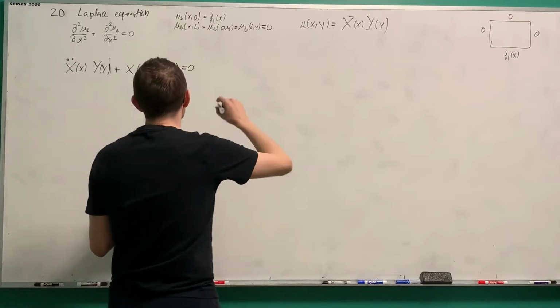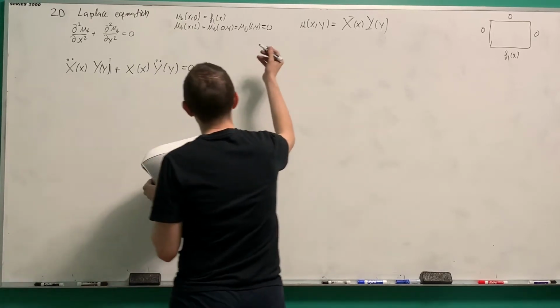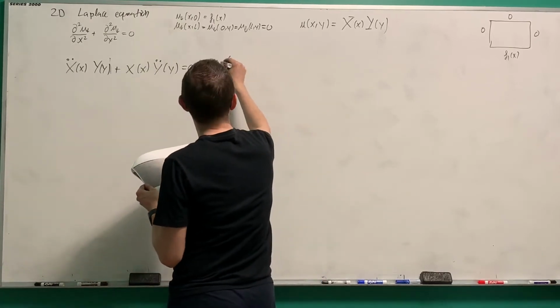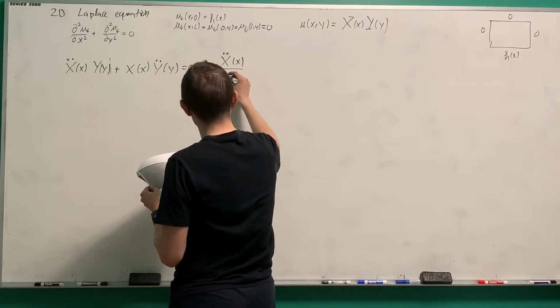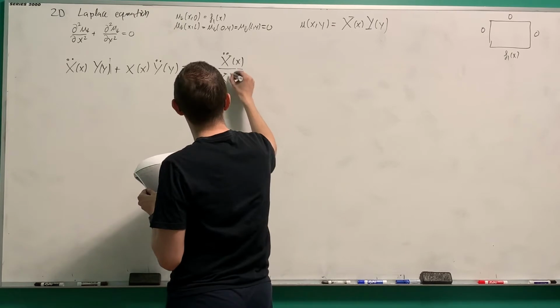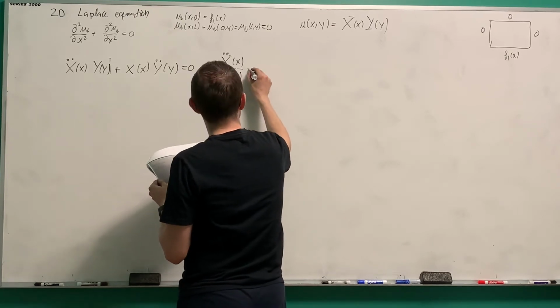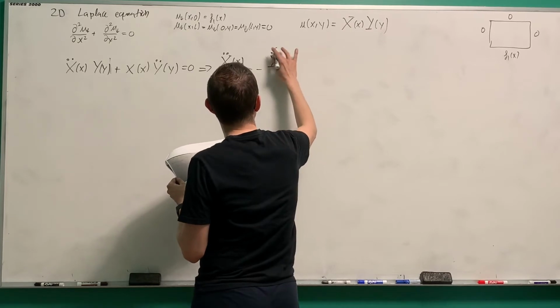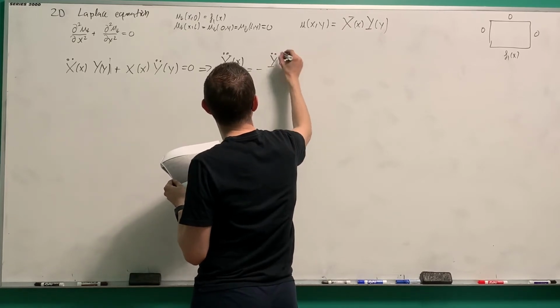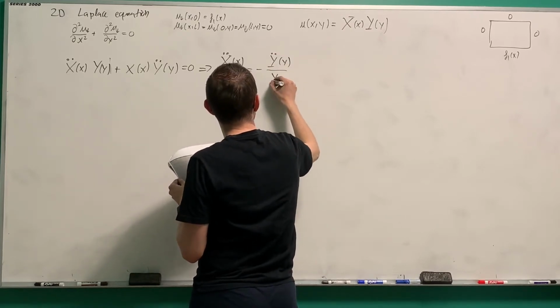Then we put each variable on one side of the equation: X double dot of x over X of x equals minus Y double dot of y divided by Y of y.